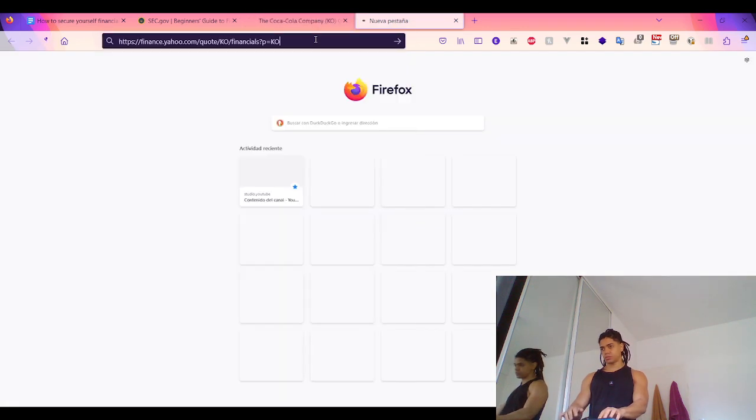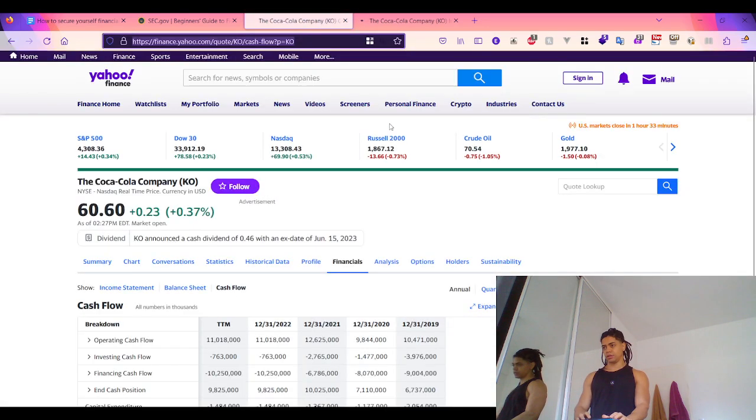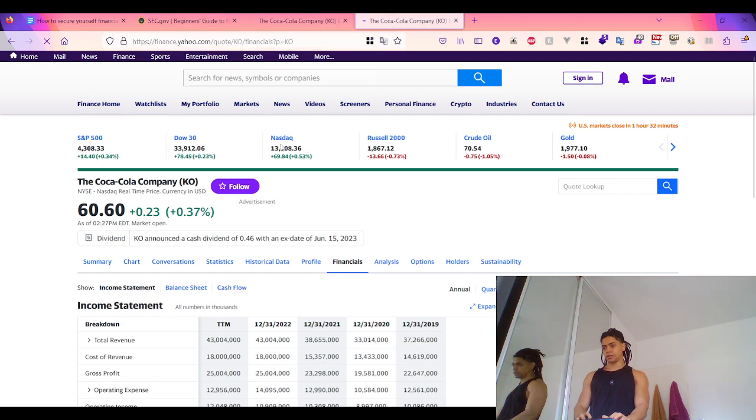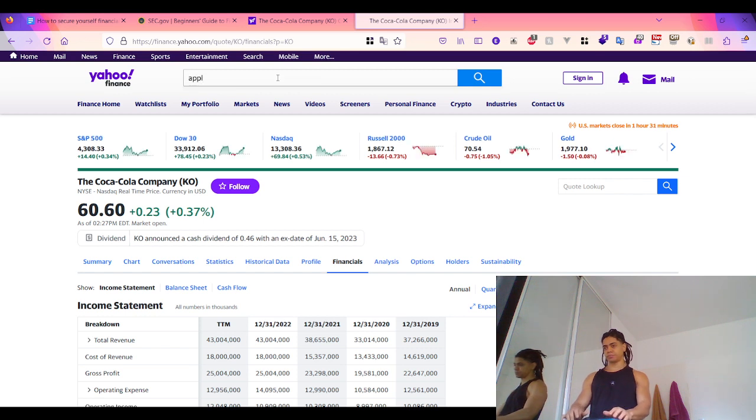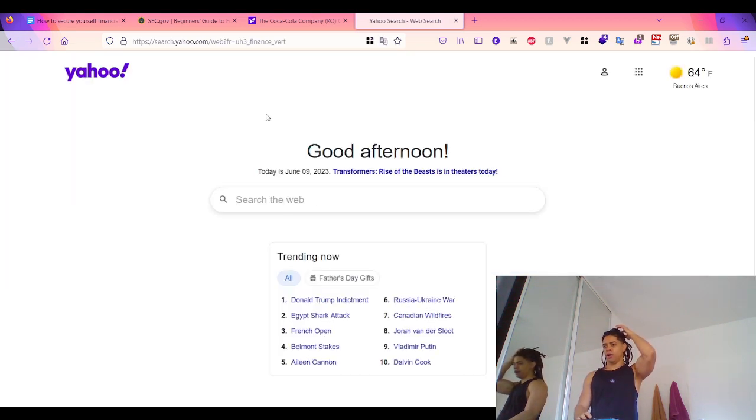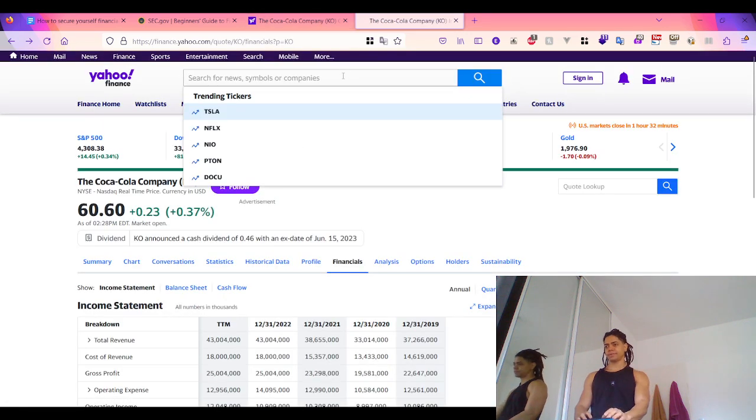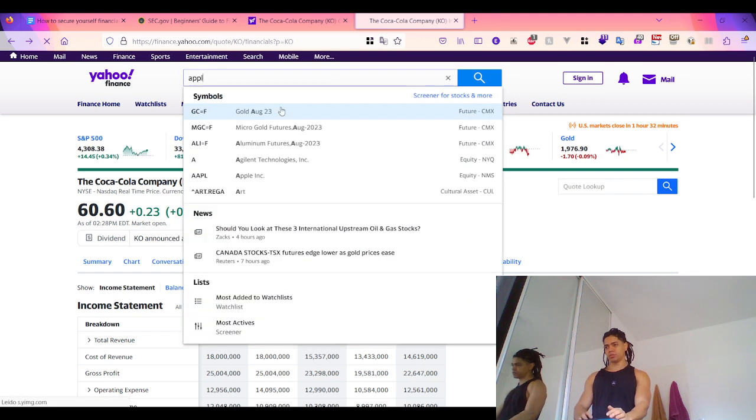Okay, the cash flow, that's right. And this is from Coca-Cola. But let me look at Apple here. I just want to look at Apple. Apple Inc., yes, equity.